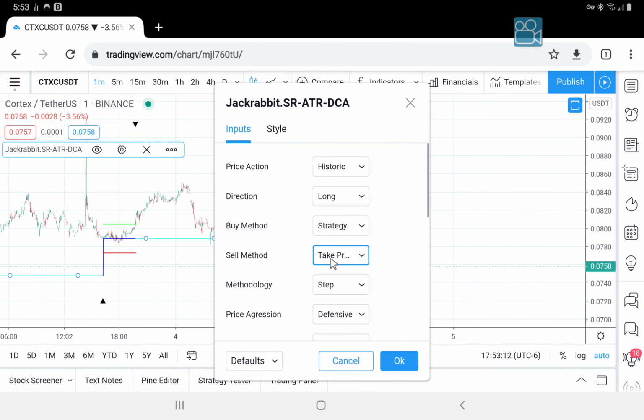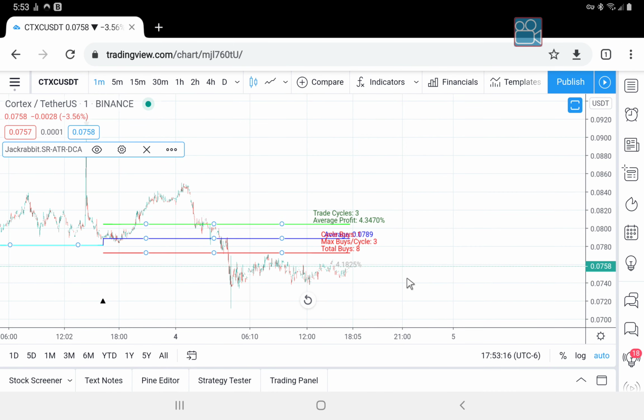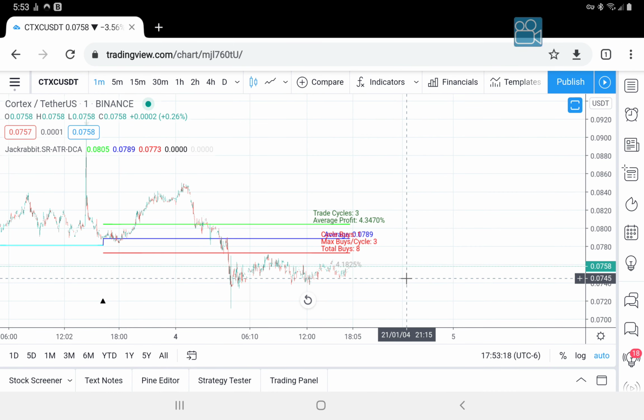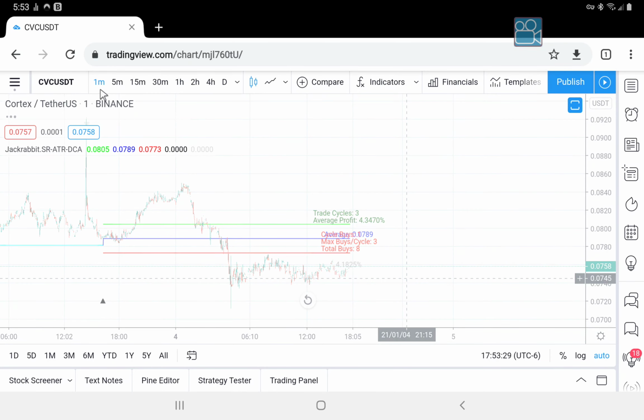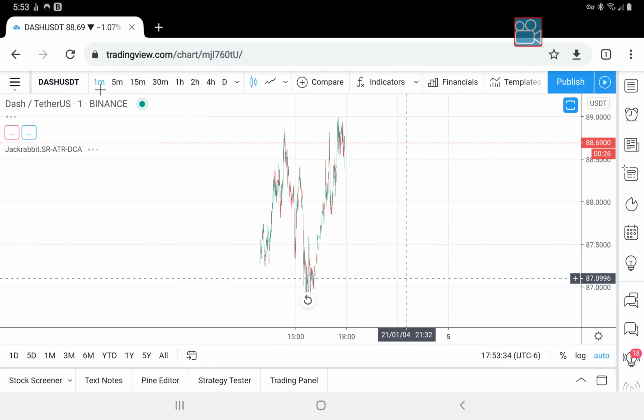This is a nice little system right out of the box. Very easy, very simple, 4% profit even long term. And again, this is based upon a 3.5 to 4 day period. So let's keep going to other coins.